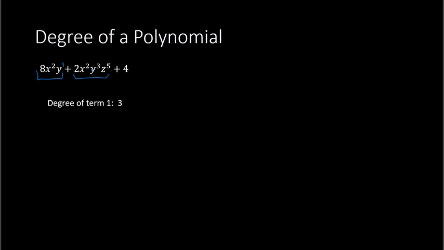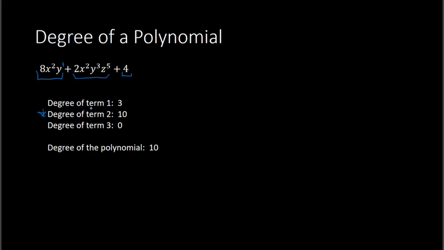Term 2, I have 2 plus 3 plus 5, which would be 10. And then term 3, there is no variables, so the degree is going to be 0. Now the degree of the entire polynomial is found by taking the biggest one, which was term 2. Term 2 had a degree of 10, so the entire polynomial also has a degree of 10.